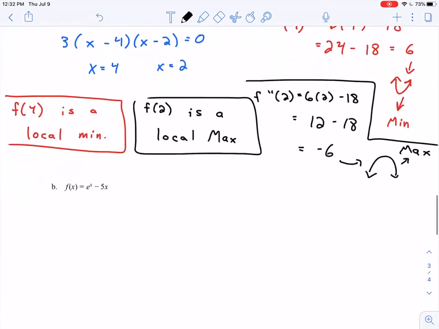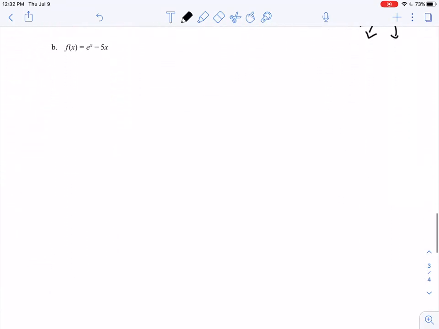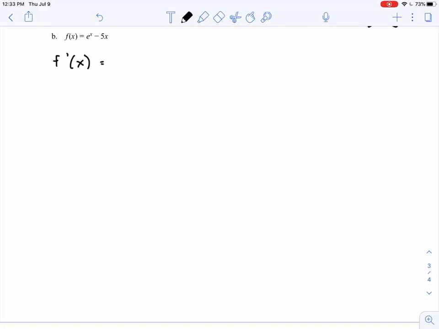And let's look at one more example here, something that's not a polynomial. Here I have e to the x minus 5x. Again, I need to start by finding those critical points, which means I need the derivative. So f prime of x is e to the x minus 5. I'm going to take this derivative and set it equal to 0.